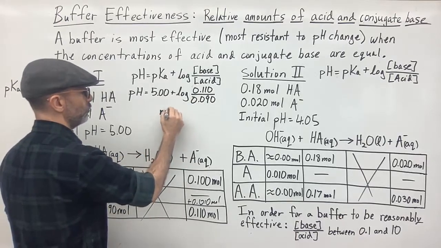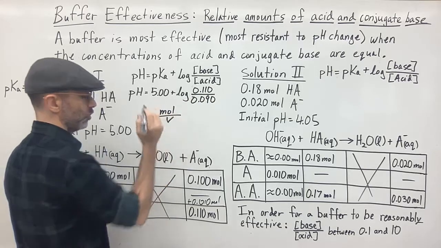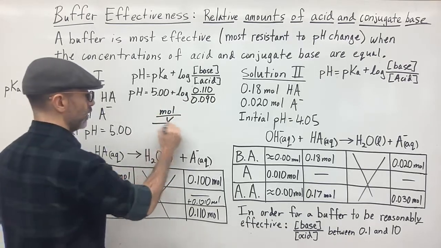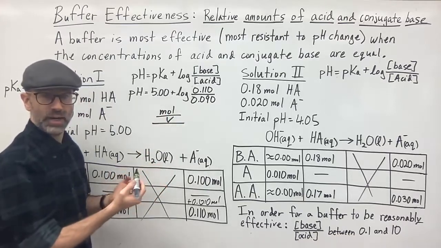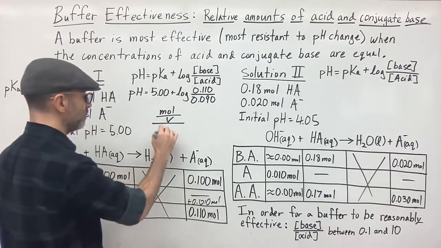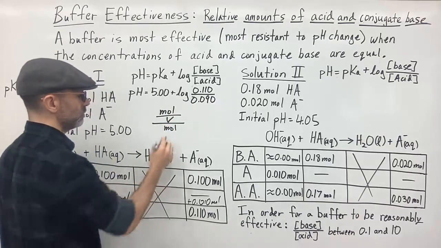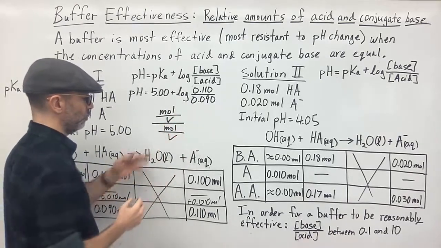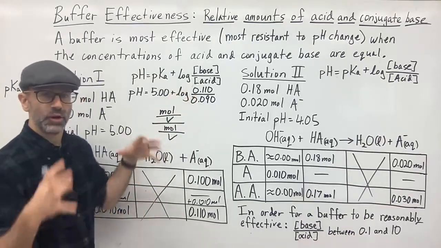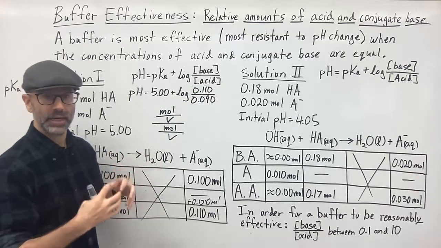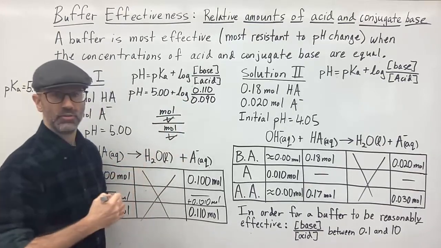If I have moles of my base over volume, and this is molarity, because molarity is moles divided by volume in liters, right? And I have this in moles, so that's going to be moles over volume in liters. Since both the acid and the base are in the same solution, same container, same volume, these are going to cancel out anyway, so it doesn't matter.